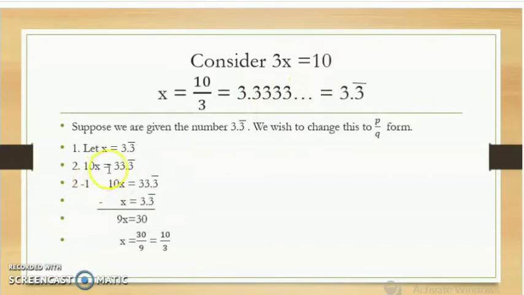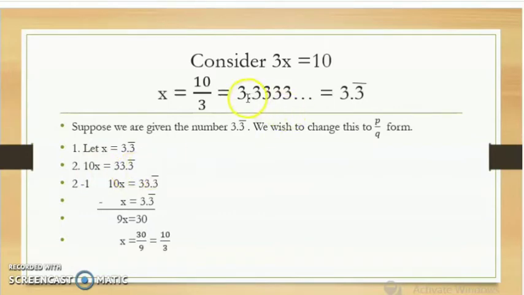What we do is we want to get rid of the repeating part, because that is what is causing us a problem. We don't want this repeating part in the decimal portion. So what do we do? We multiply both sides by 10, so we get 10x is 33.33.